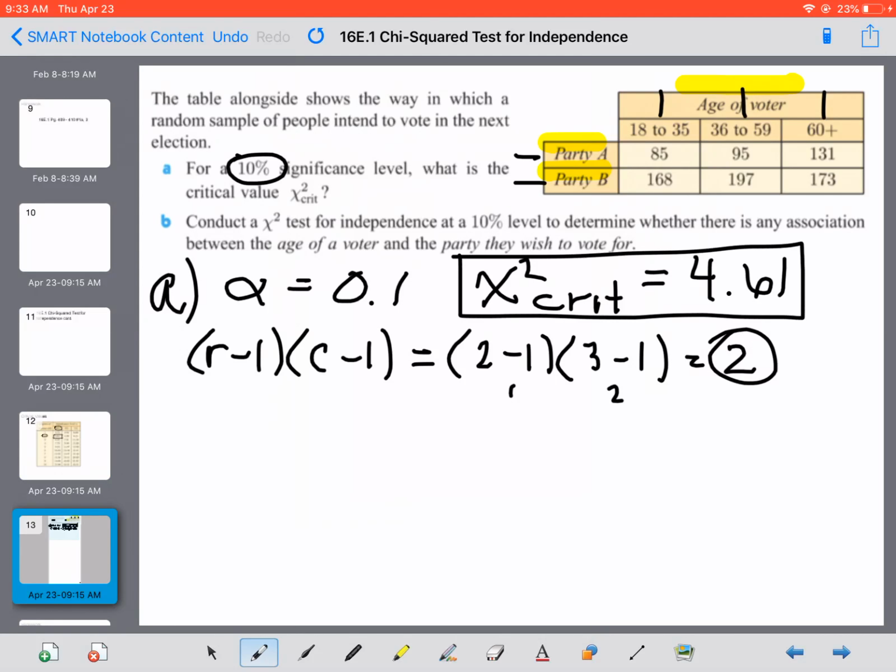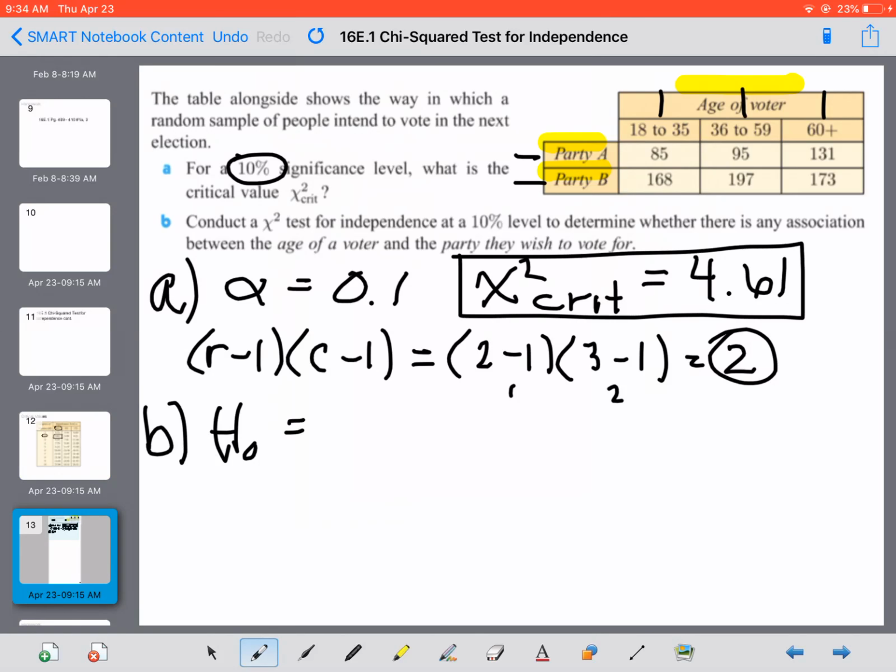Now part B says, conduct a chi-squared test for independence at a 10% level to determine whether there is an association between the age of the voter and the party they wish to vote for. So for part B, we're going to go through all of our steps. Step 1 is to identify our H sub 0 and H sub 1.